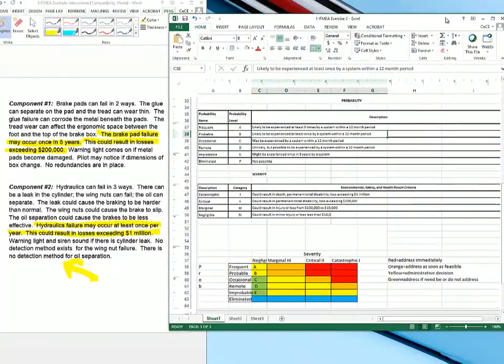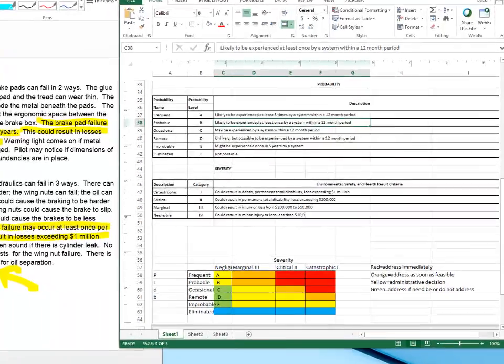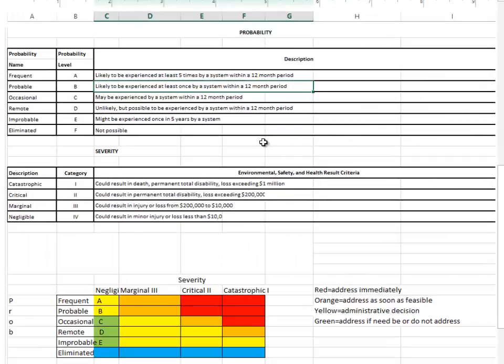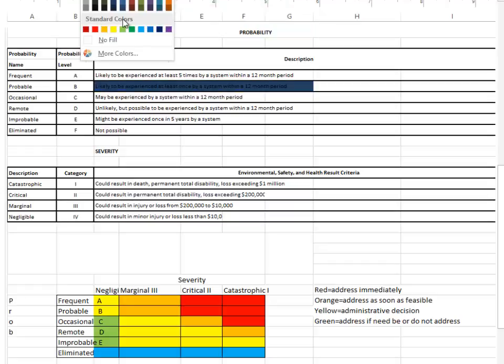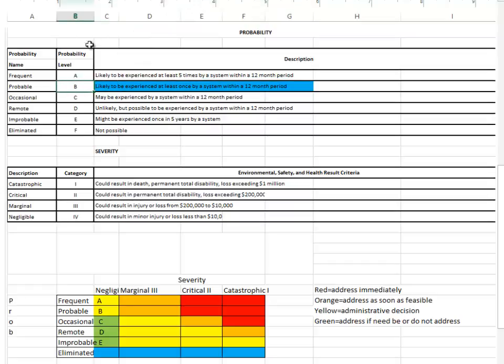All right, class, let's look at component 2 and fill out the same information. First of all, we see that hydraulics failure may occur at least once per year. Let's find that on our chart. All right, likely to be experienced at least once per year. That sounds good. Let's make that blue just for fun there.